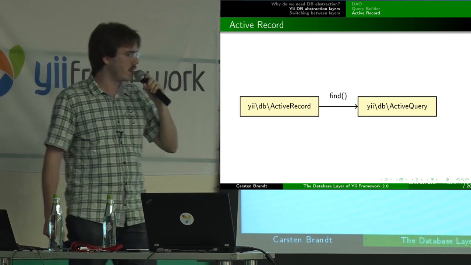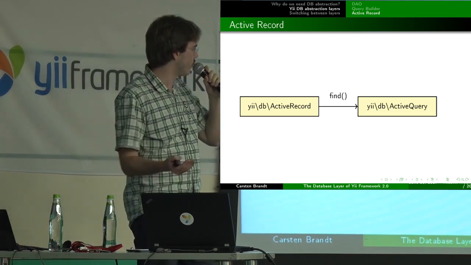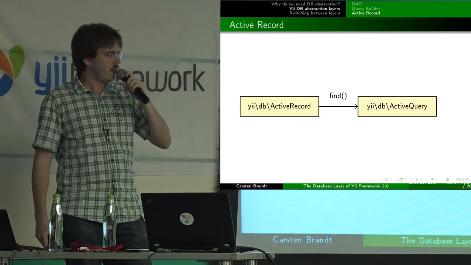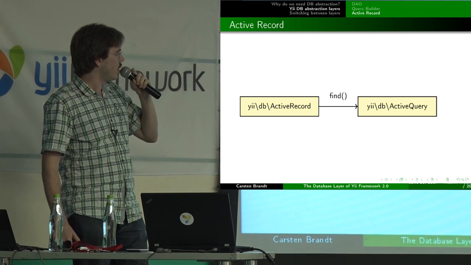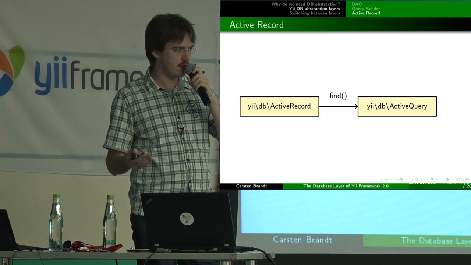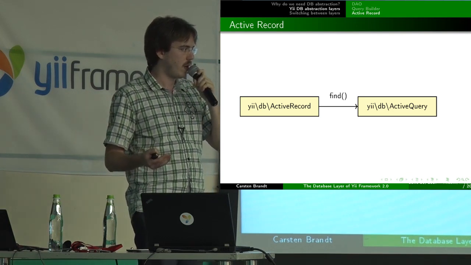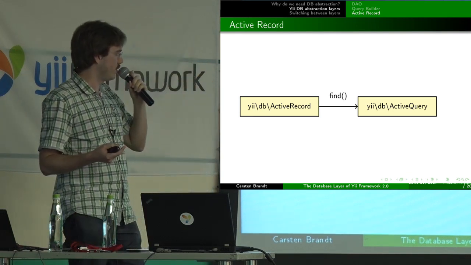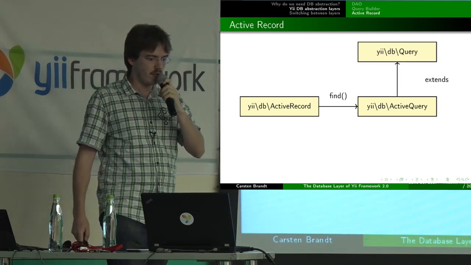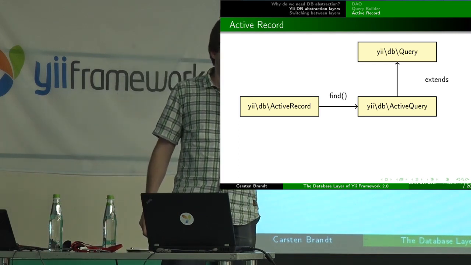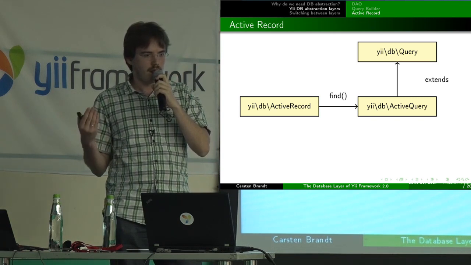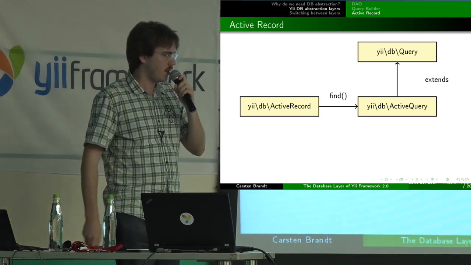And if we want to create a query to query some users or to query some data, we call the find method to get an active query. And this query extends from the DB query we've seen before. So we have exactly the same interface and exactly the same methods to use for creating queries that now will, if we retrieve the results, return objects instead of arrays. So we can work with these objects that maybe contain business logic we've written in them.